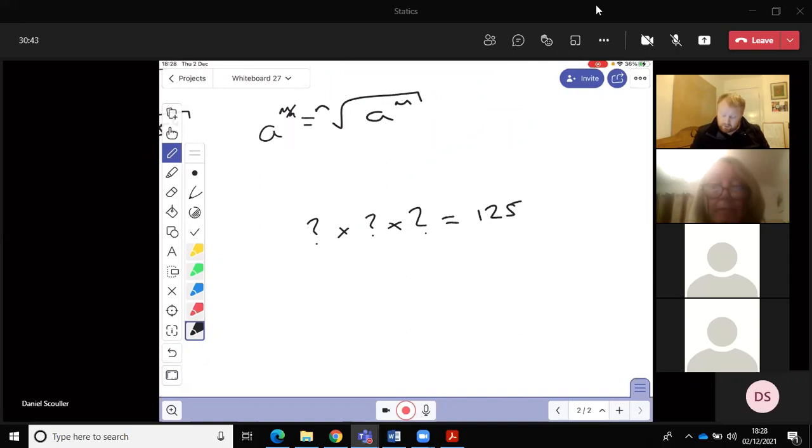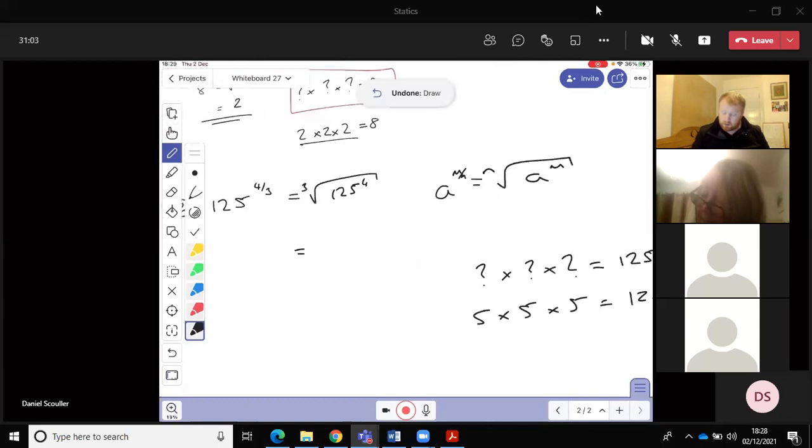Let's do 5. 5 times 5 is 25, times 5 again is 25, 50, 75, 100, 125. So we're there, 125. That means we've simplified that down into 5 to the power of 4.